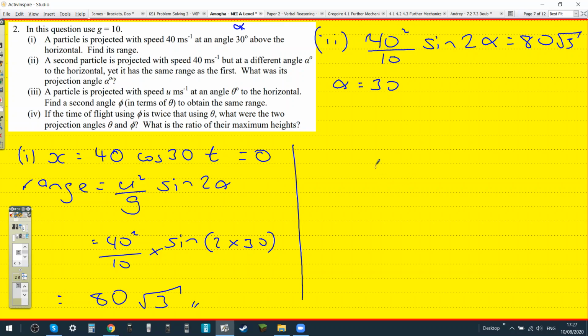No, it says different. So how would we get a different one? Divide by 40 squared over 10. Yeah, wouldn't it be the same? Let's just try solving it and see what happens.